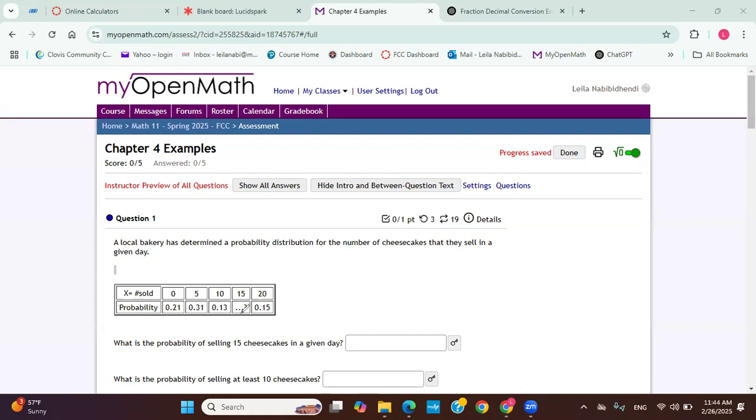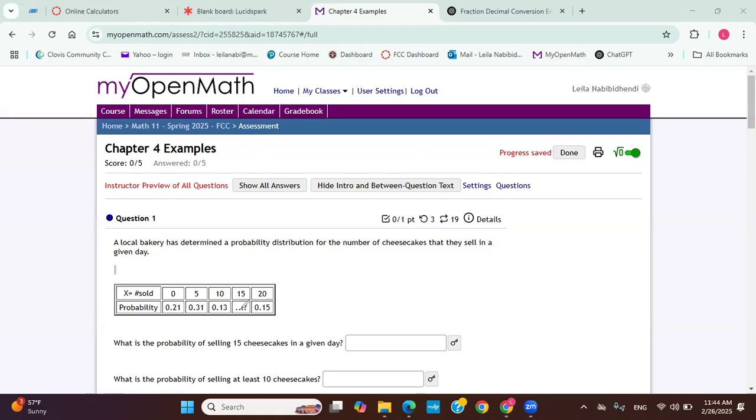The second row is the probability for selling each of those numbers of cheesecakes. For example, the probability of selling 0 cheesecakes is 0.21. The probability of selling 5 cheesecakes is 0.31. 10 cheesecakes is 0.13. 15 cheesecakes, oh, we don't have the answer here.